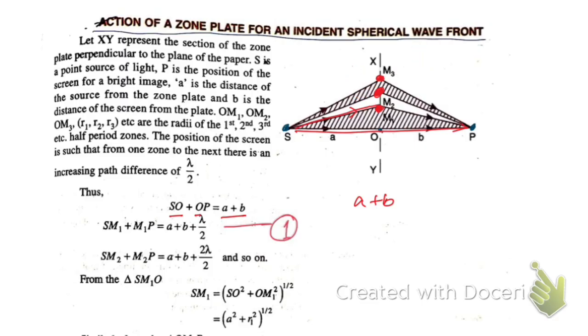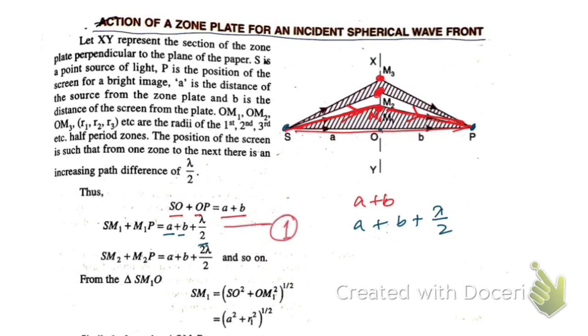Now this part you can see, this SM1 to M1 to P, that part is A plus B plus lambda by 2. Okay, that means this part is longer than this part by lambda by 2.